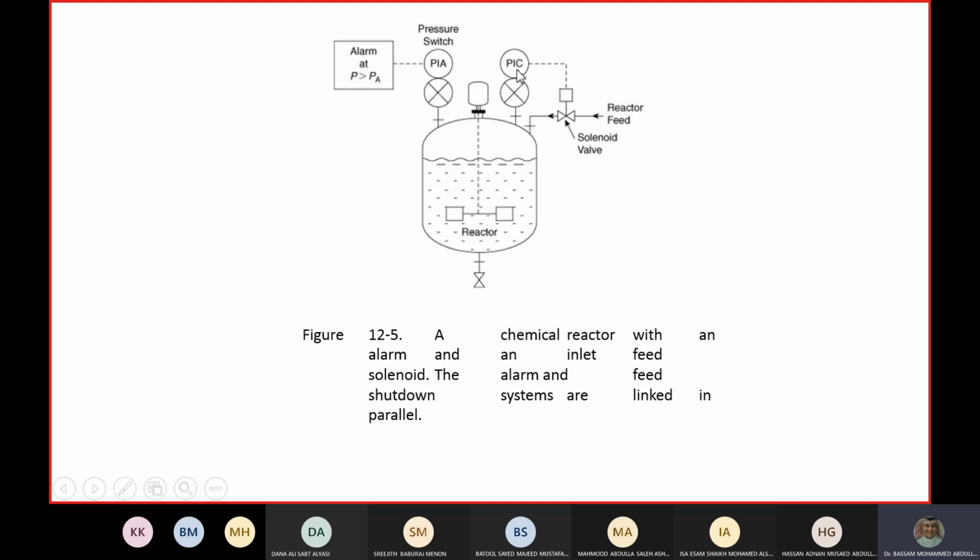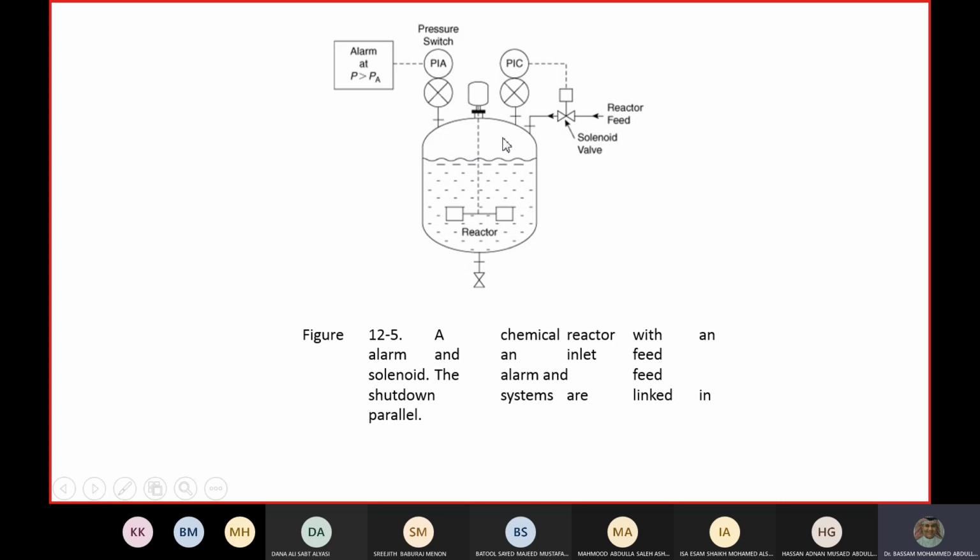And here's the pressure indicator controller, which takes an action if you have an overpressure, if the pressure is really increasing. If you have a reaction here, the gases collect up here and you have an overpressure. What is the solution?